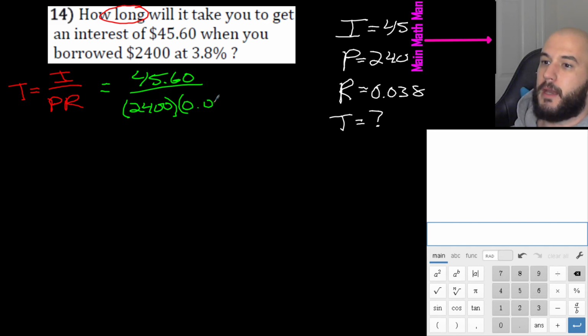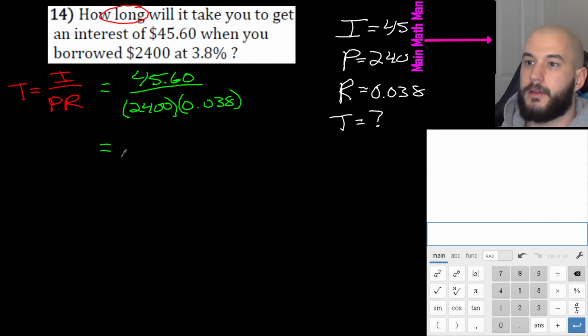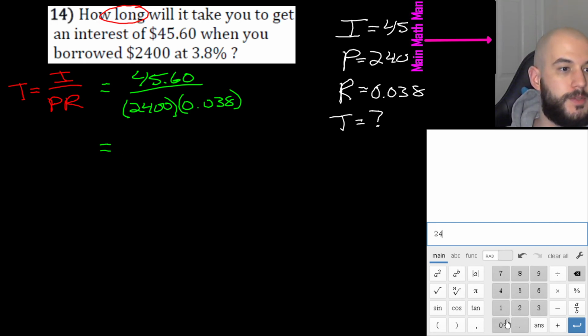Again, making sure I'm using those values directly next to you is what you have. And so if we multiply together, in my denominator, where I'm working first in this problem, I have 2,400 times that 0.038.